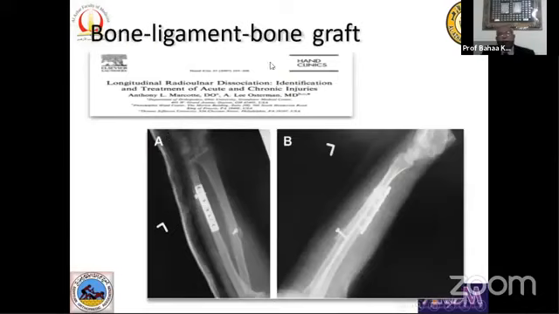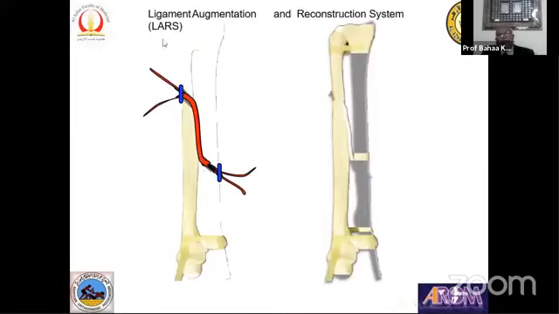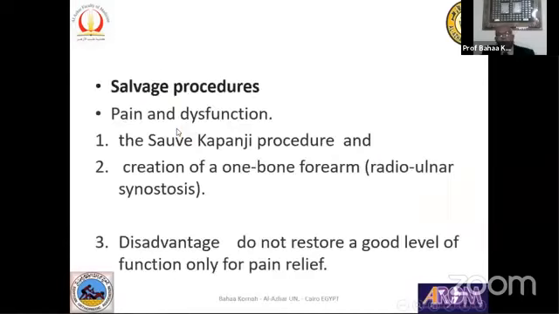And this is bone-ligament-bone grafting, as published by Shuri. And this is reconstruction of the interosseous membrane using a synthetic graft and button sutures. This is the ligament augmented reconstruction system, LARS, used to replace or reconstruct the interosseous membrane.